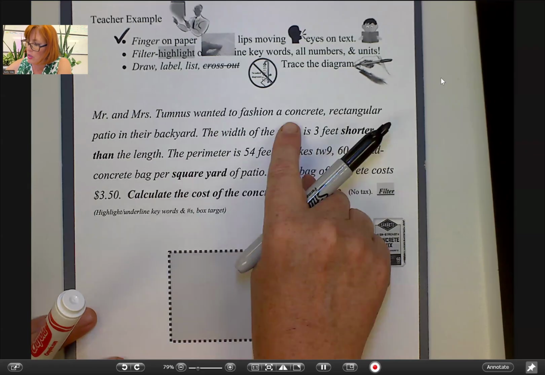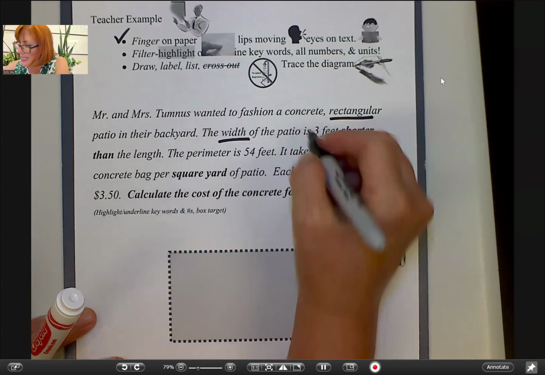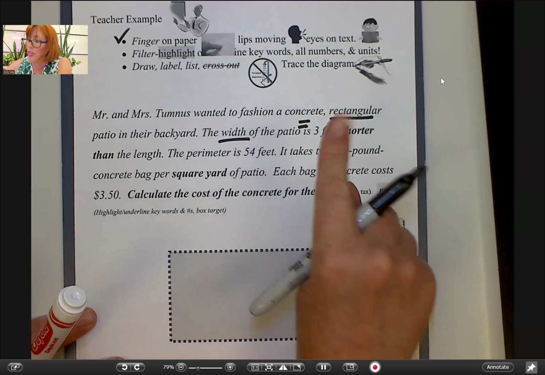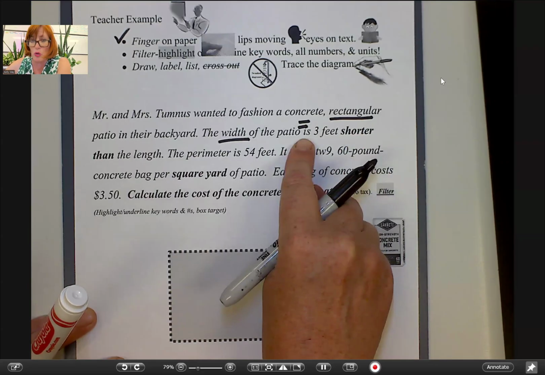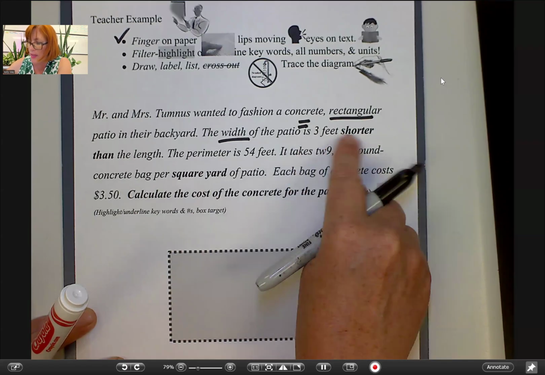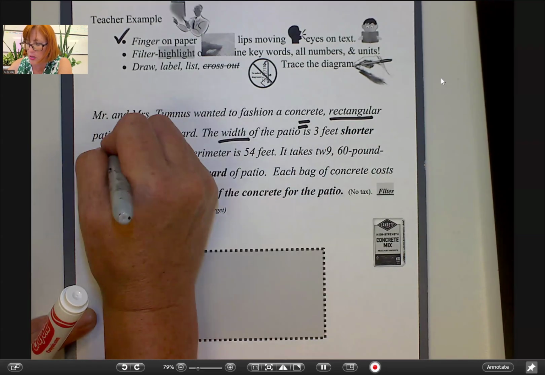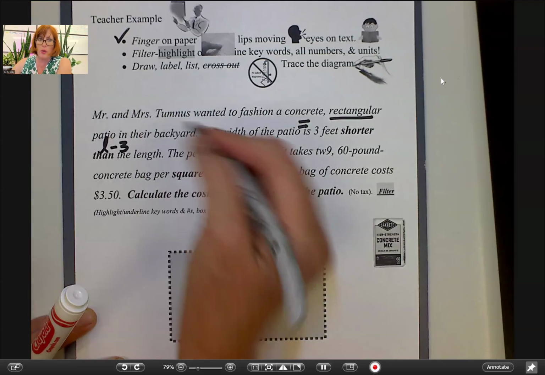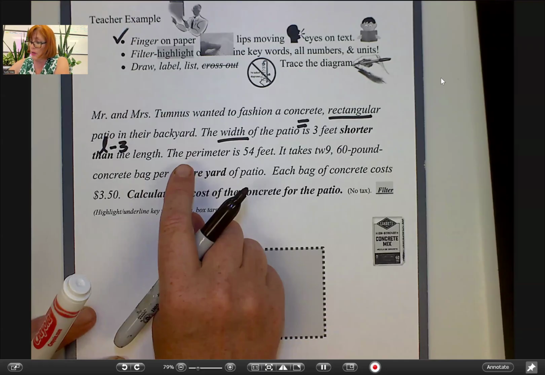They wanted to fashion a rectangular yard. The width is 3 feet shorter than the length. The grammar there is a little awkward. So the width is the length minus 3, not 3 minus the length, because the width is shorter than the length.